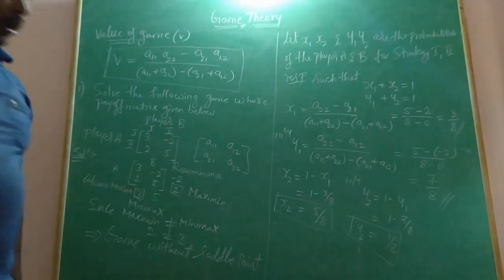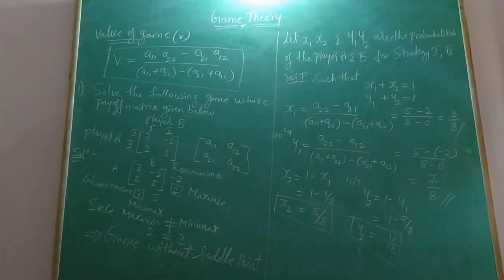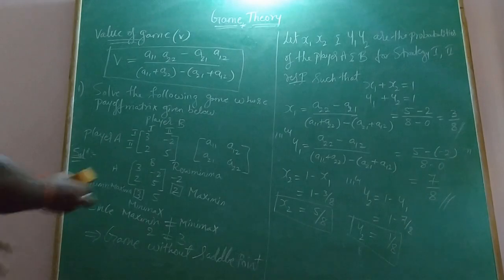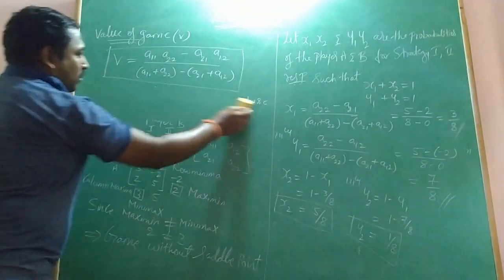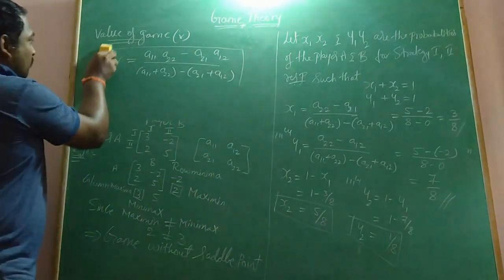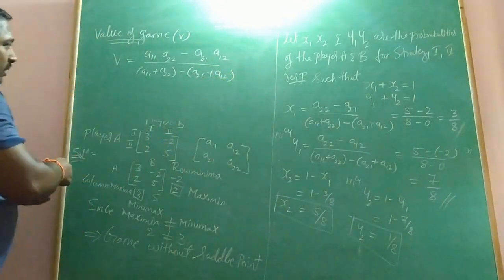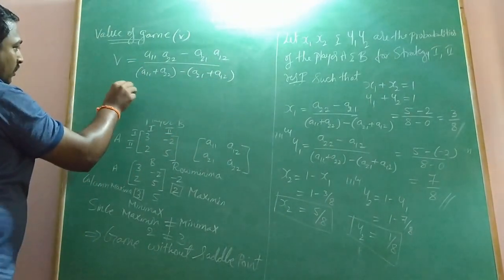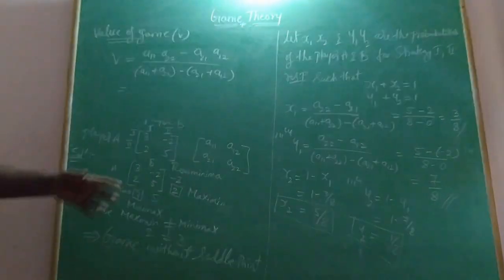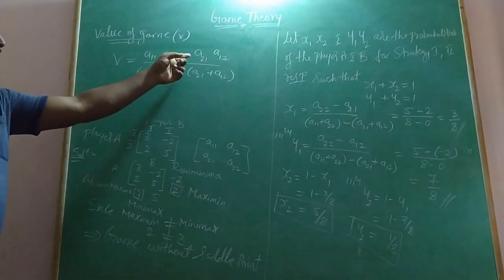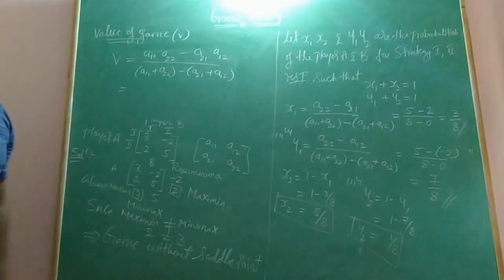You know the values of the probabilities: x1, x2, y1, y2. Then we will determine the value of the game by using this formula. The value of the game v is given by a11 a22 minus a21 a12, divided by the denominator in this equation.